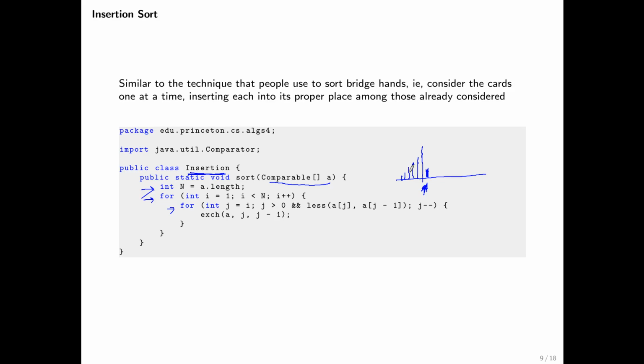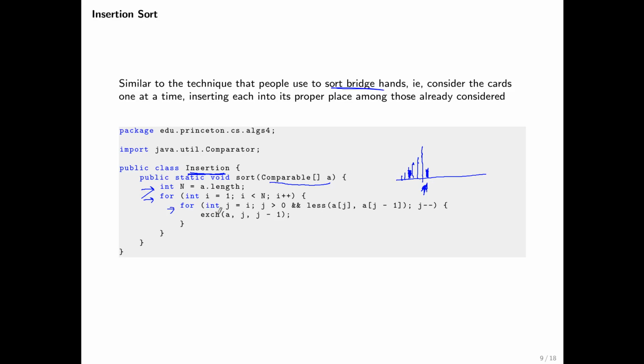And then when we get here, think of this element being now here. We compare that guy with this previous one. Well, now this condition is not true because this element is bigger than the previous one. So when that happens, you know that this element is in the right place, right? And this is basically the idea that you use to sort a bridge hand, right?